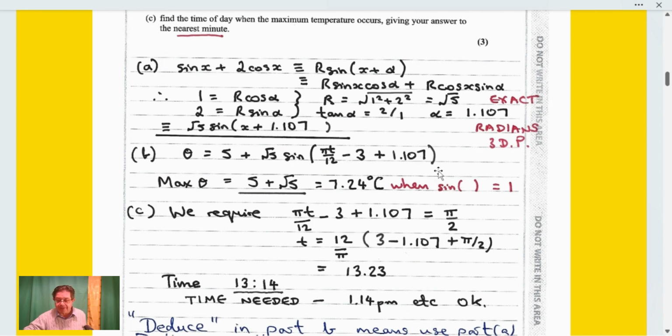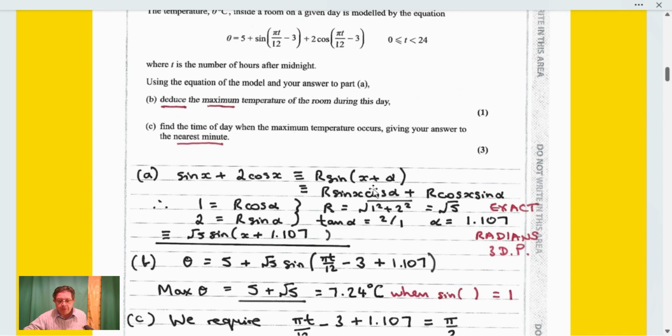The fact we want to use here is that the maximum value of sine of anything will be 1. That's when the value inside the brackets is pi over 2. So the maximum value is 5 plus root 5 degrees C, or 7.24 degrees C. Either will do here as an answer.